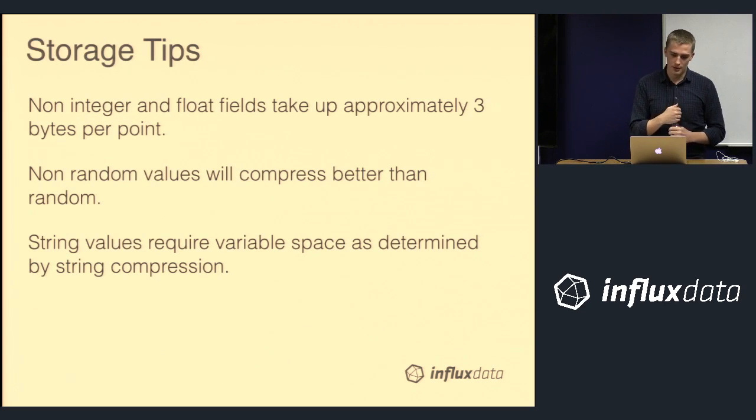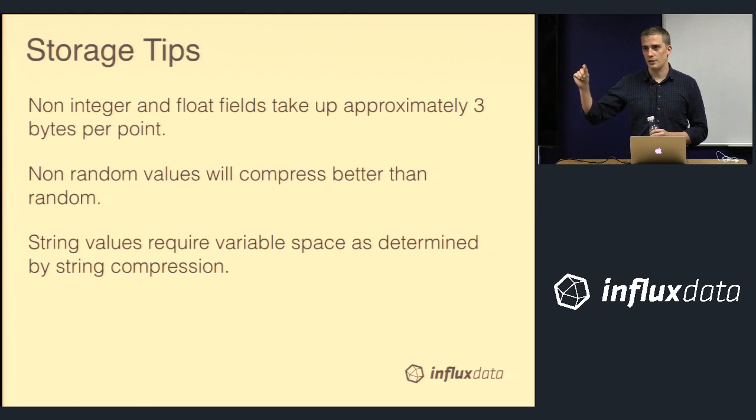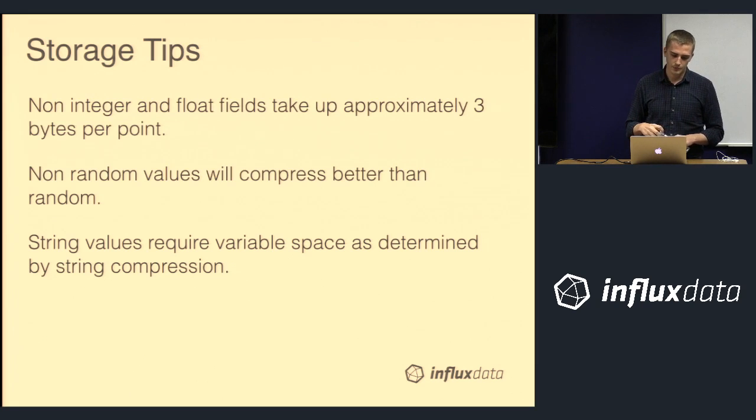So storage tips. These are interesting. Basically, integers and floats are very small, particularly if you're doing non-random values. If you're doing a sensor reading that basically only goes up and down a little bit, the compression that we use under the hood is really efficient, and it'll store that really cheaply.